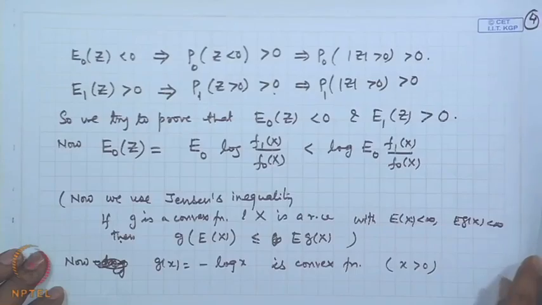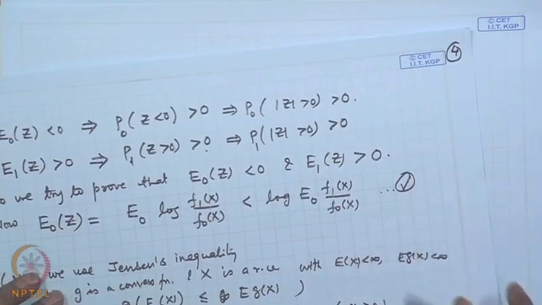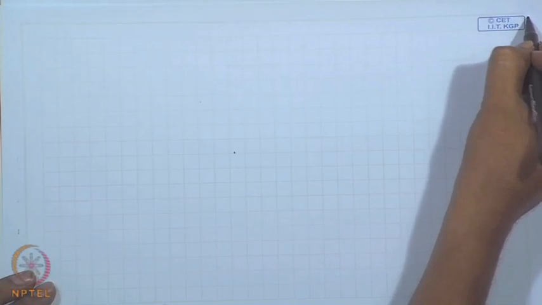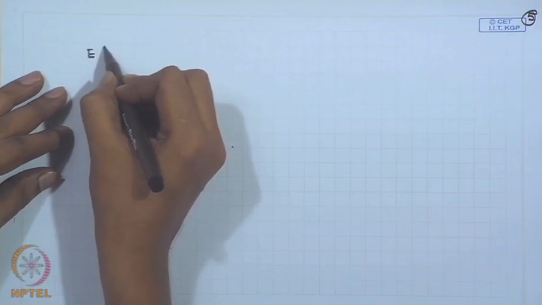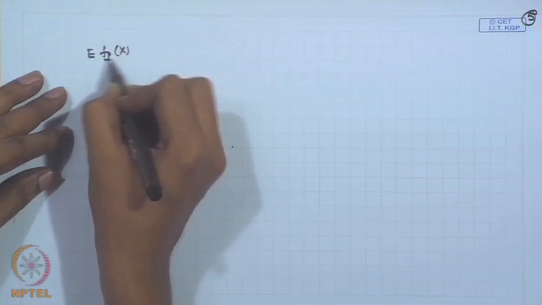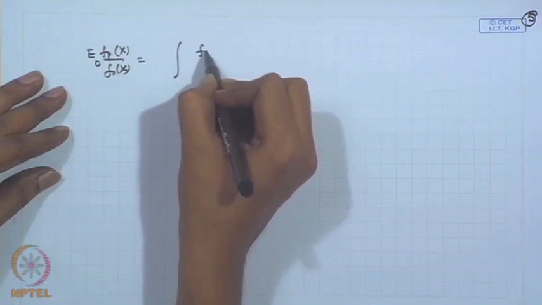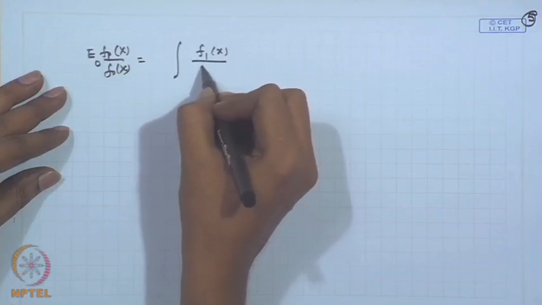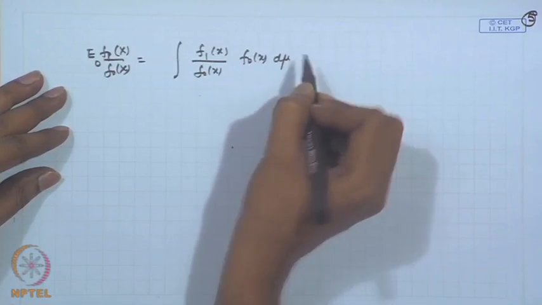Now, this quantity, expectation of f 1 x by f naught x under H naught, that is equal to integral f 1 x by f naught x into f naught x d mu.